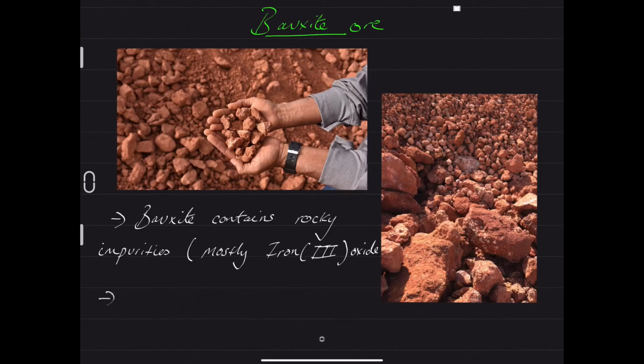The waste solution from the separation process of aluminium oxide from bauxite gives us a brownish colored liquid, brown wastewater, and this has to be stored.